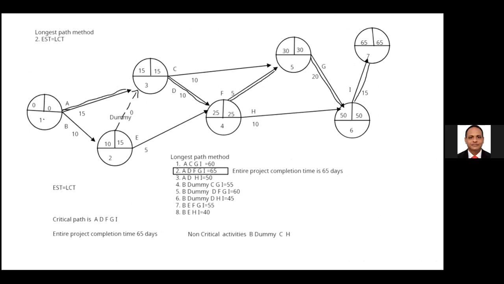If you complete the critical activities, how can the non-critical ones be completed? That is not the real answer. My question: 65 days are required to complete the entire project, but when you complete all the activities, we require 100 days. Based on the critical path, how can we complete within 65 days? What is the reason behind that?